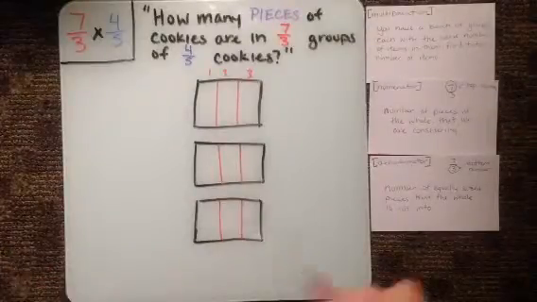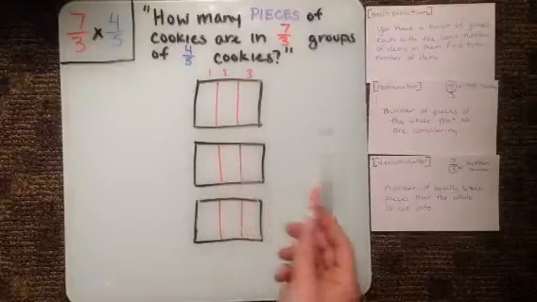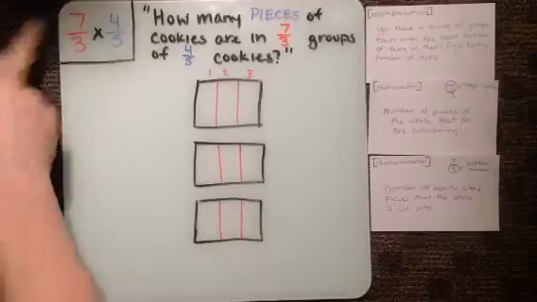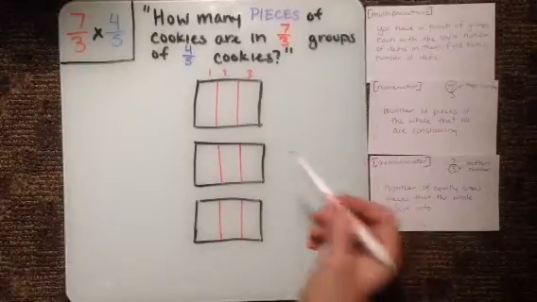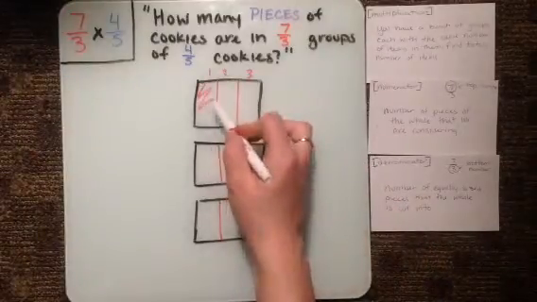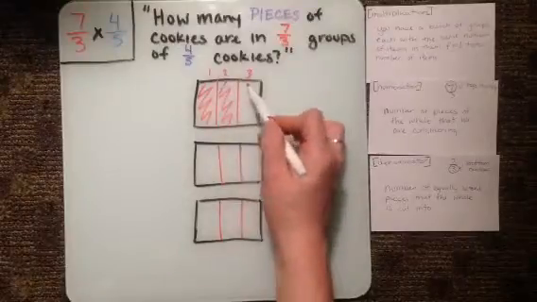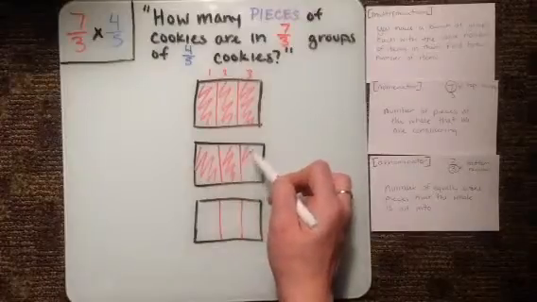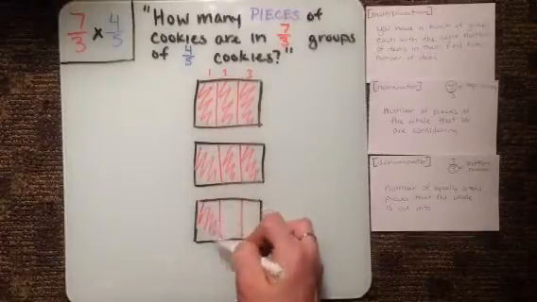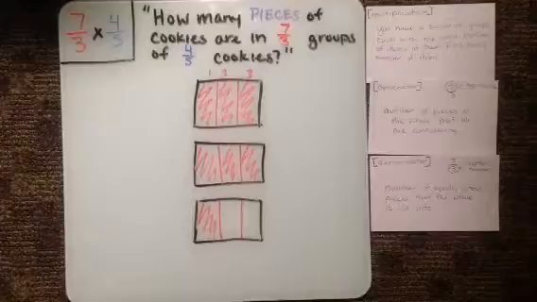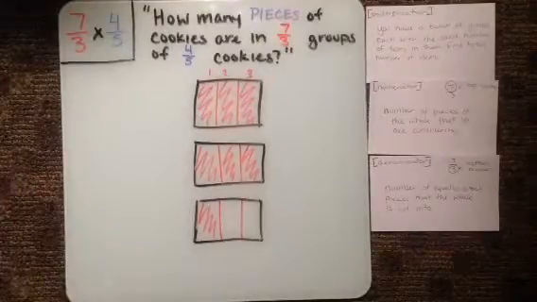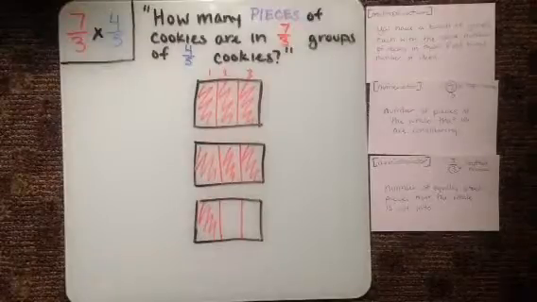And now that we have our whole separated into 3 parts, because that's what makes up the whole, we know that we have 7 pieces that we care about. So to show that, we'll shade them in. 1, 2, 3, 4, 5, 6, 7. So that shows 7/3.